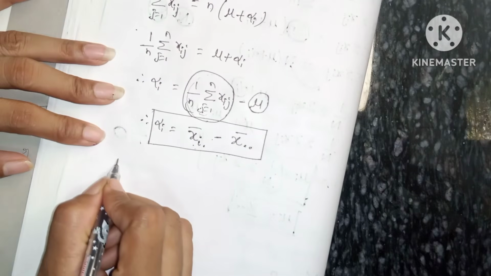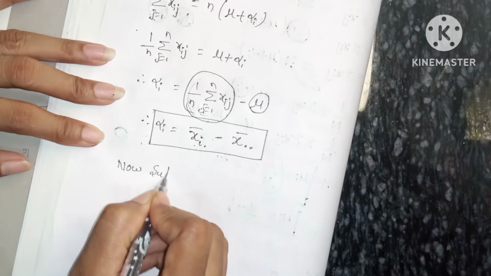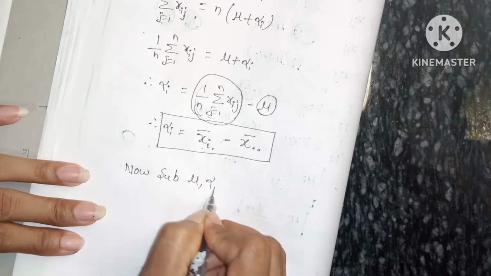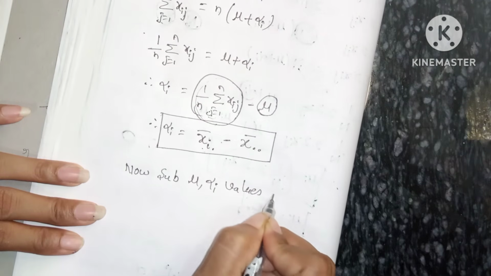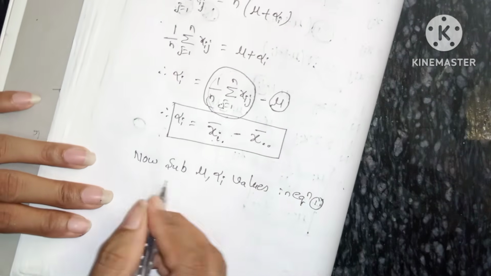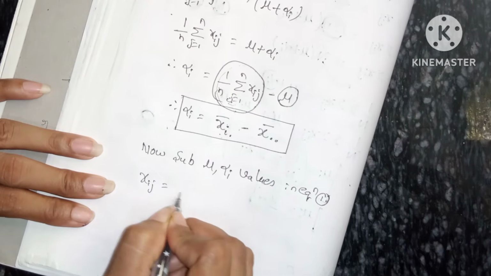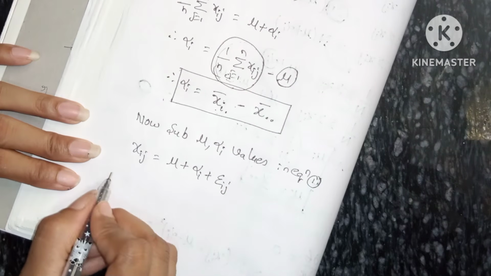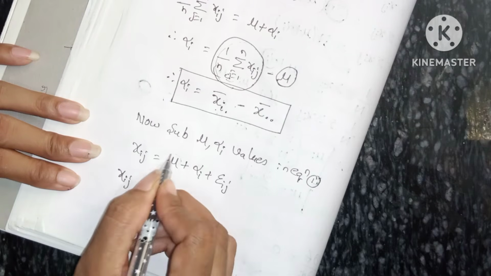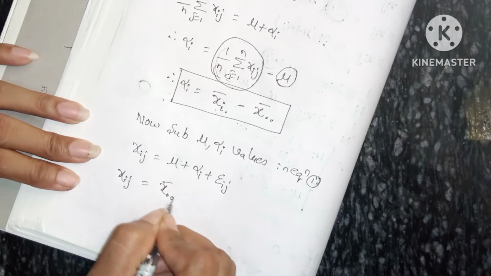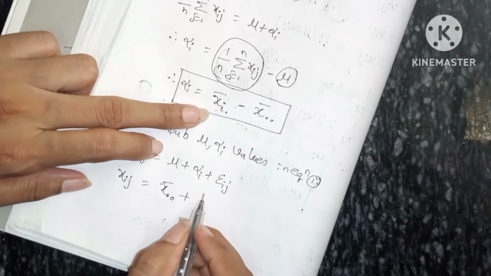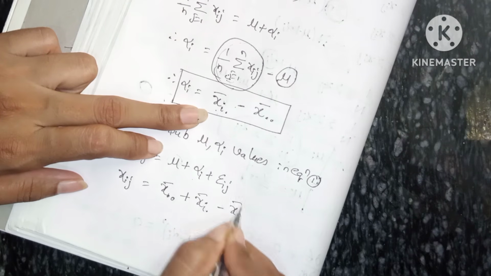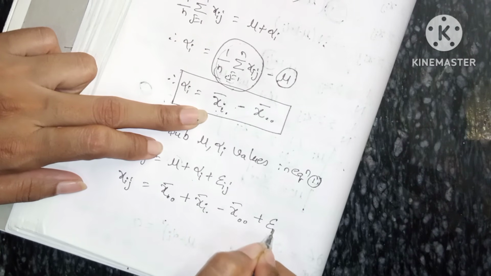So now substitute mu, alpha i values in equation 1. So equation 1 is nothing but xij equals to mu plus alpha i plus epsilon ij. So xij equals to, what is the value of mu? X bar double dot plus, so alpha i value is x bar i dot minus x bar double dot plus epsilon ij.